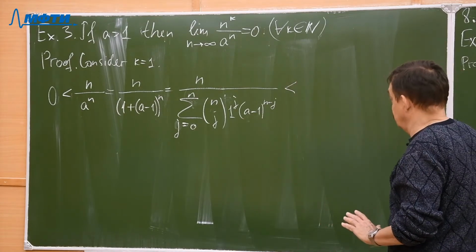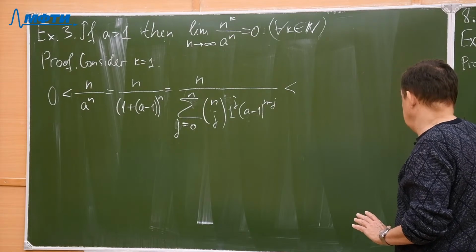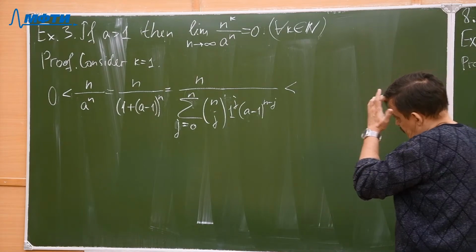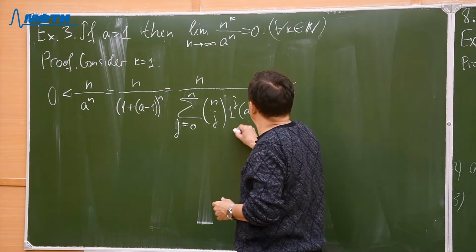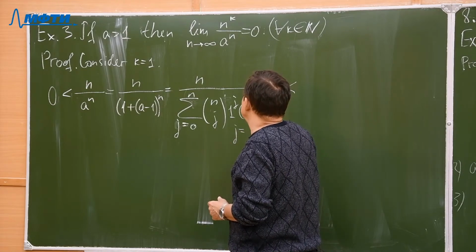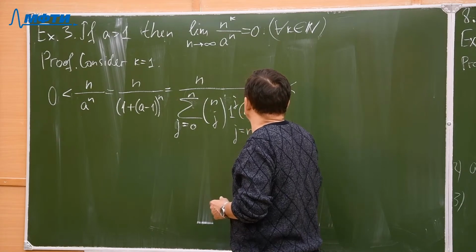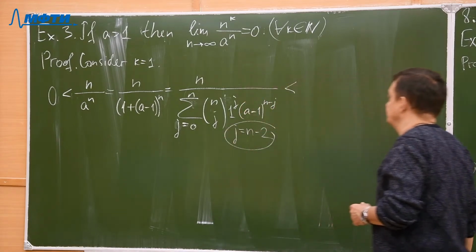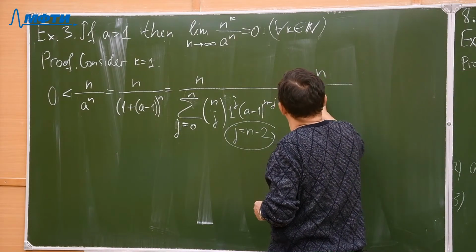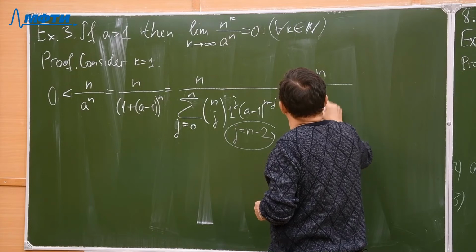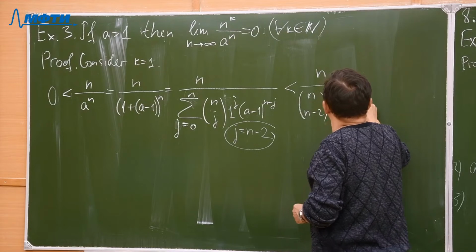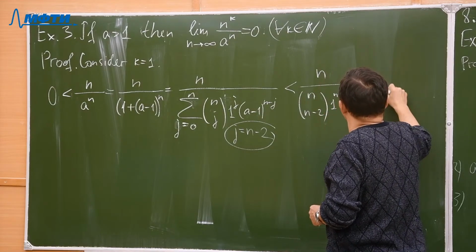Let's consider j equals n minus 2, this particular term. So n over n minus 2, 1 power n minus 2, a minus 1 power n minus 2.